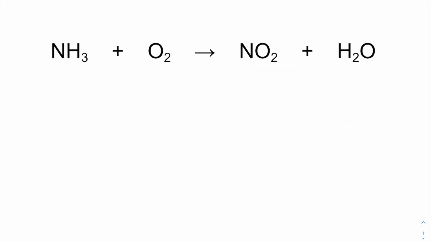Let's look at a more complex example. So we have ammonia, which is NH3.